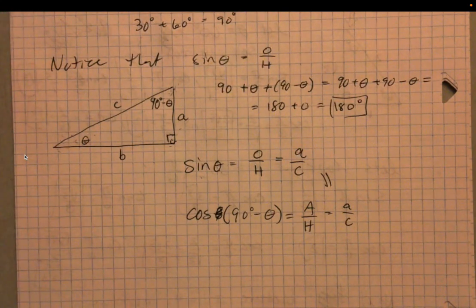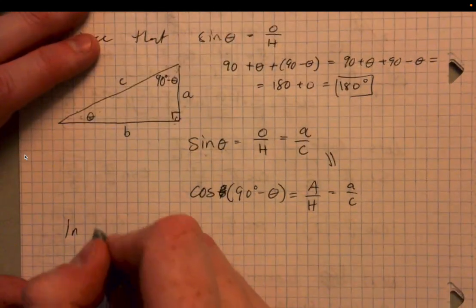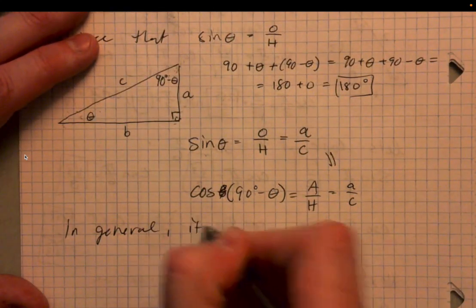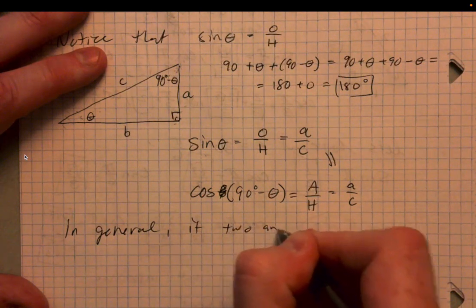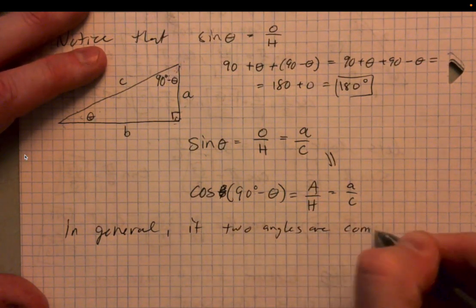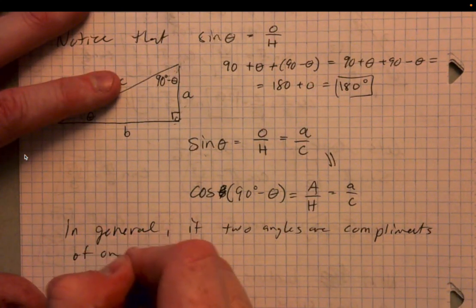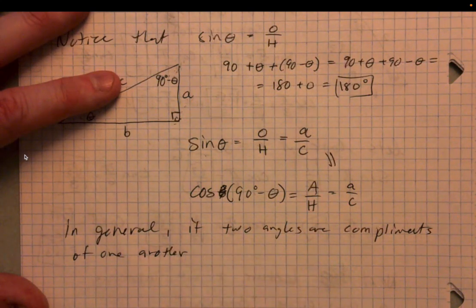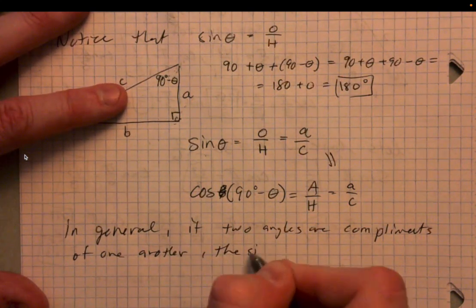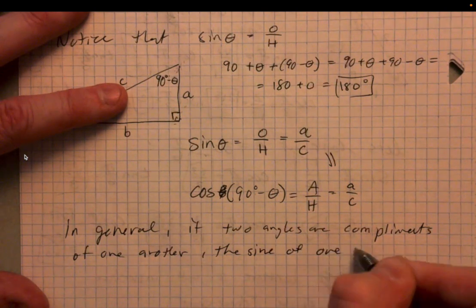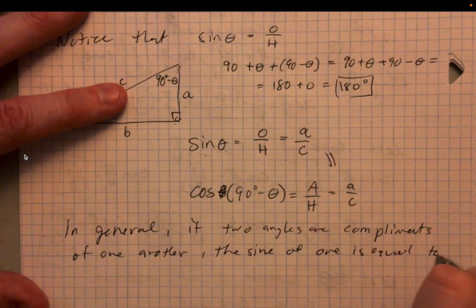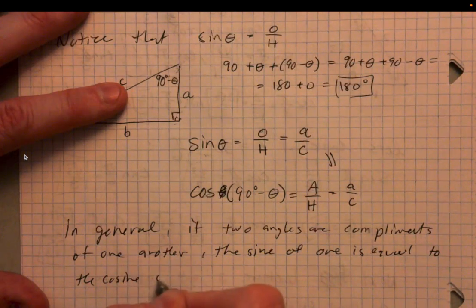So in general, if two angles are complements of one another, the sine of the one is equal to the cosine of the other. So in general, let me write this down. In general, if two angles are complements, right, if they're complements of one another, the sine of one is equal to the cosine of the other.